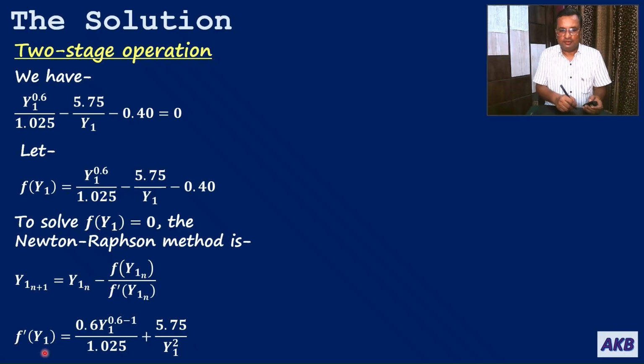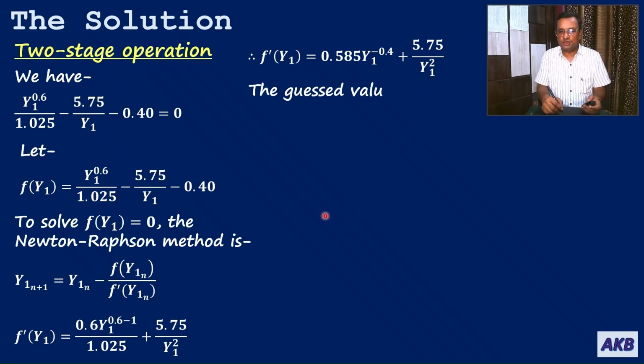So f dash of y1 is 0.6 y1 raised to 0.6 minus 1 divided by 1.025 plus 5.75 divided by y1 square. Simplifying, f dash of y1 is equal to 0.585 y1 raised to minus 0.4 plus 5.75 divided by y1 square.